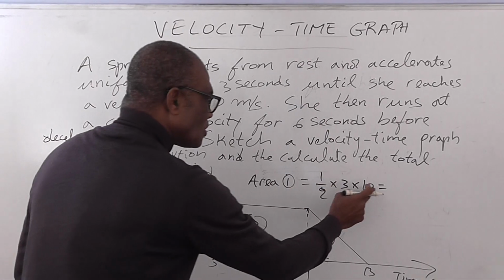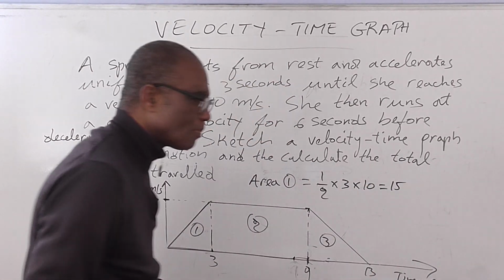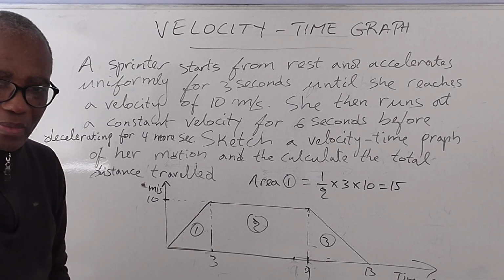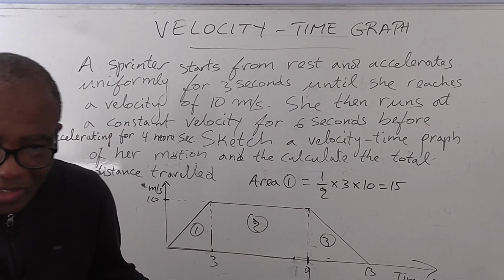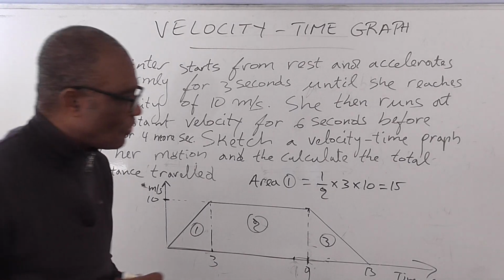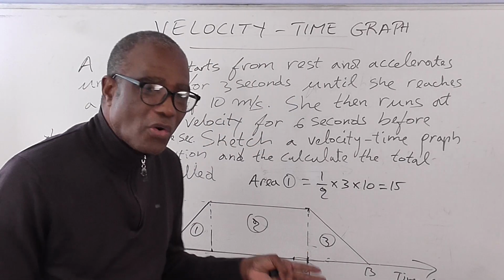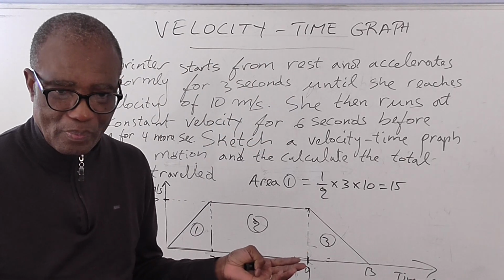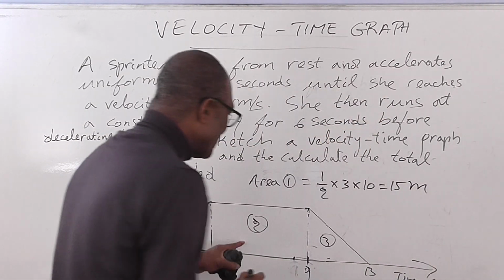So 30 divided by 2 is 15. And what's the unit? So the 15 now is the distance in meters. Okay? 15 meters, because we are looking for the distance traveled. Meters.